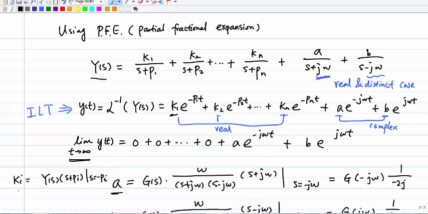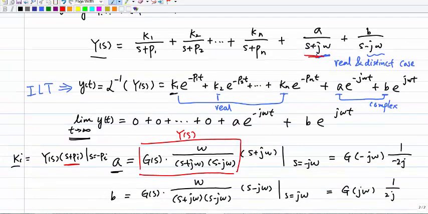You can compute a and b with the same approach, which means I compute Y(s) times (s plus jw). The only difference is that you don't have s plus pi, you just have s plus jw, and the value of s is negative jw.